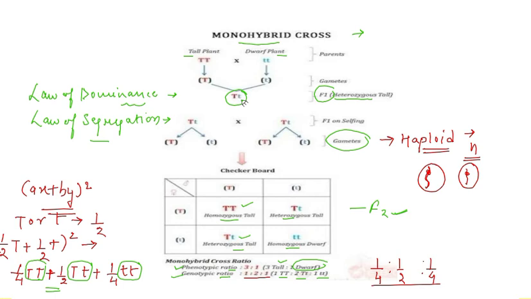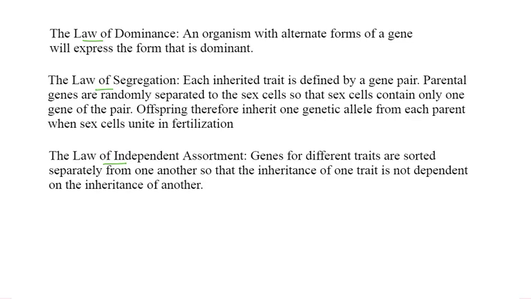In other words, out of a pair of factors, which are nothing but the genes, right, and genes control the characters, everything is interlinked. So out of a pair of factors, only one expresses itself, and the one which expresses itself is said to be dominant, and the other one is recessive. So this is what the law of dominance is.